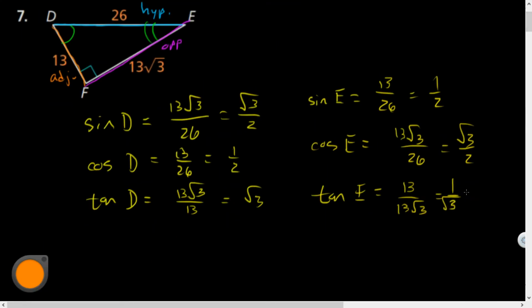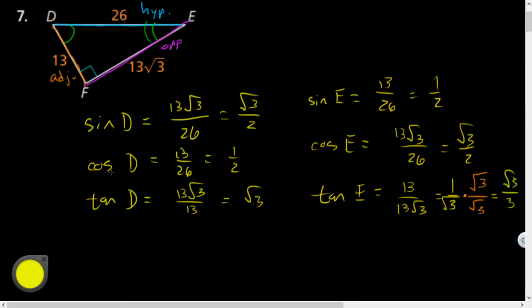What do I do? You remember that? Recognize this? So this will be root 3 over 3. Bam. Good stuff.